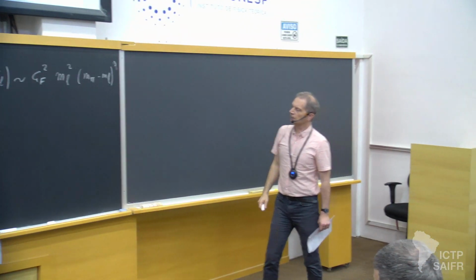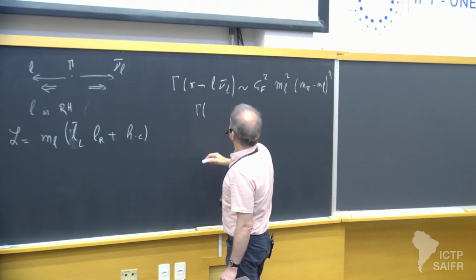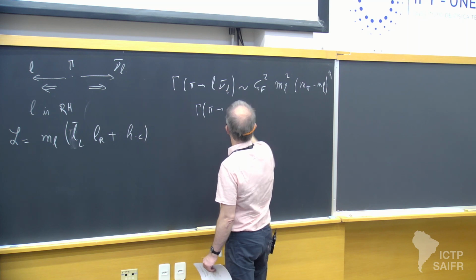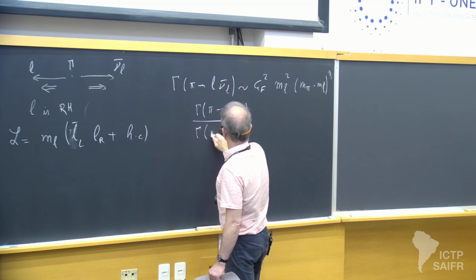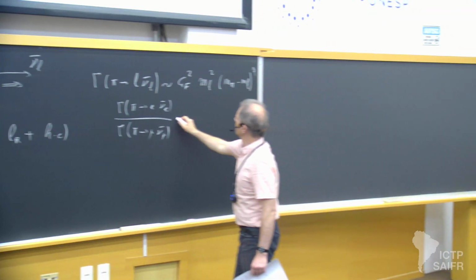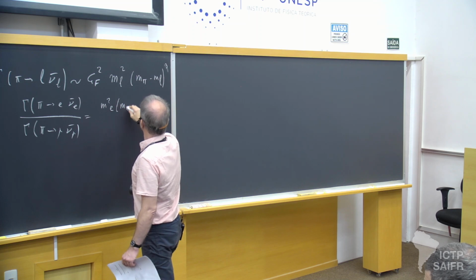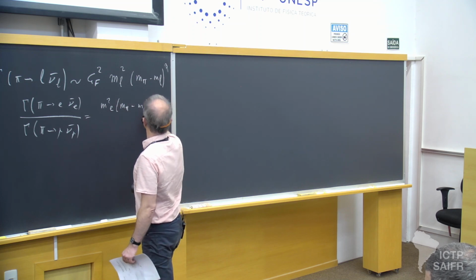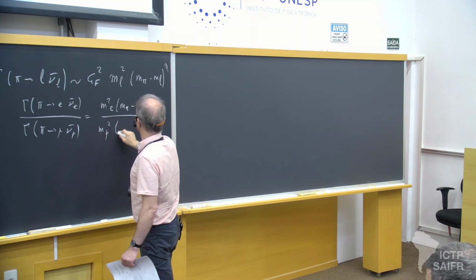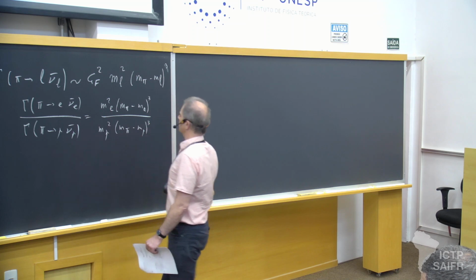In such a way that now, when you compute the ratio of the decay width of the pion into electron and antineutrino over the decay width of the pion into muon and antineutrino, it is proportional to the mass of the electron squared times the mass of the pion minus the mass of the electron cubed, divided by the mass of the muon squared times the mass of the pion minus the mass of the muon squared.